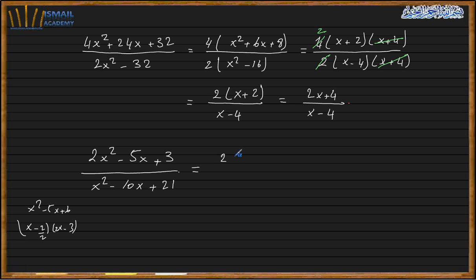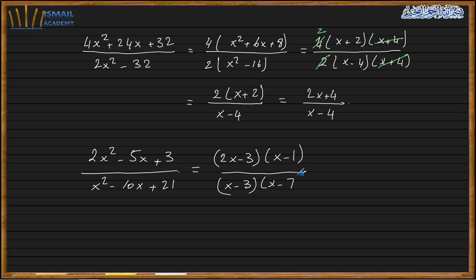So here will be 2x minus 3 times x minus 1. And when I factor the denominator, I will have x minus 3 times x minus 7.